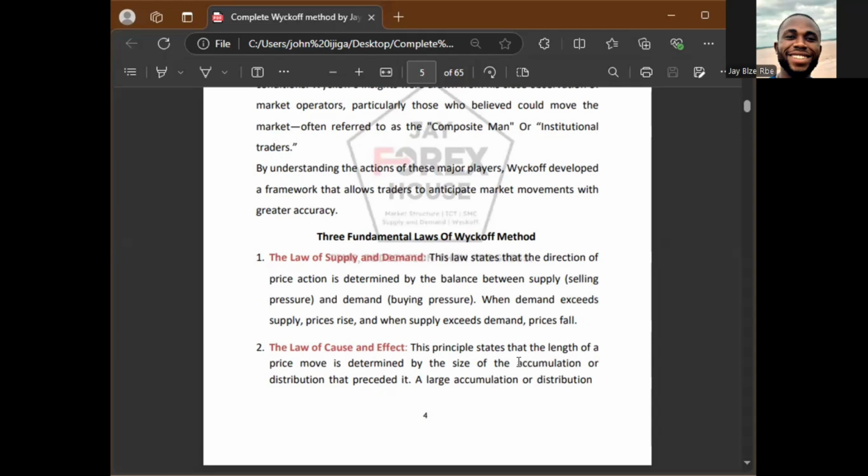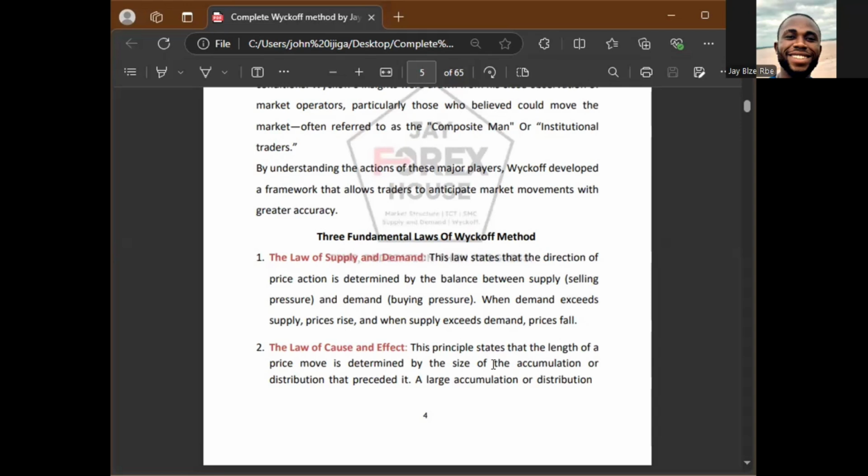This also covers both reaccumulation and redistribution. So the size of the consolidation which the schematic formed, be it accumulation, redistribution, or reaccumulation, the length of it determines the effect of the markdown or the markup or the continuation that follows that particular schematic.